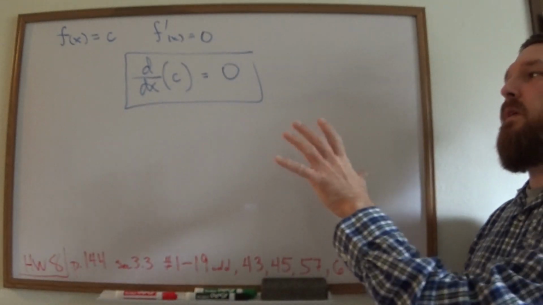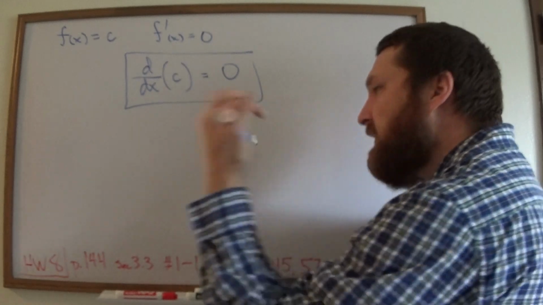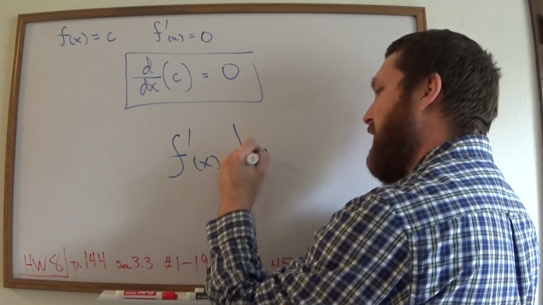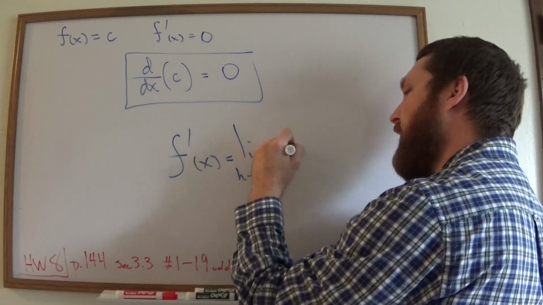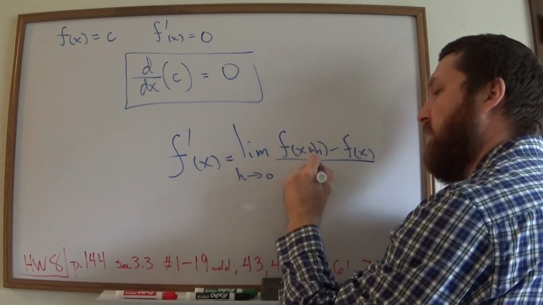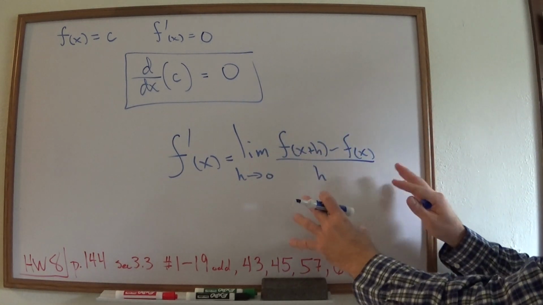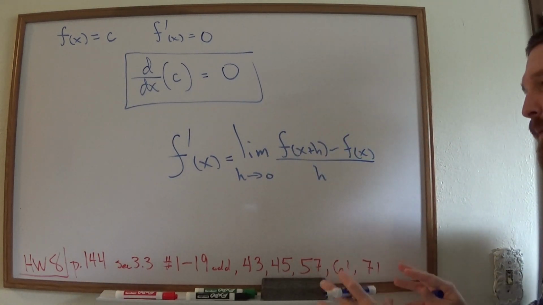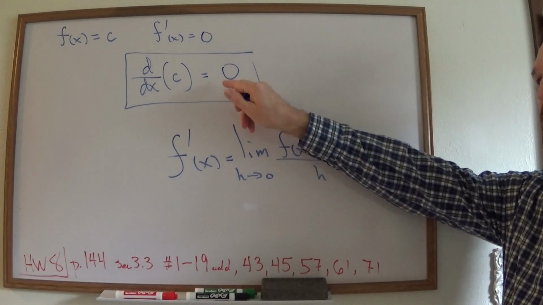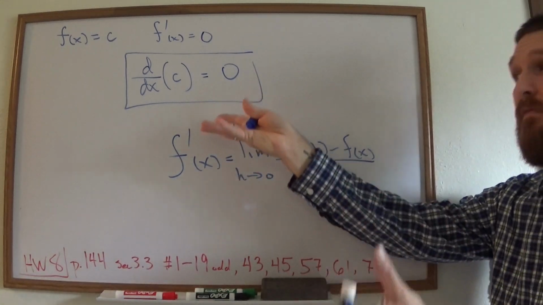What you've been doing is using this clunky definition that f prime of x is equal to the limit as h goes to 0 of f of x plus h minus f of x all over h. And you have to go through and calculate that and take the limit and so on. But now we're going to get past that, because we're going to come up with a bunch of, instead of limit laws, derivative laws.